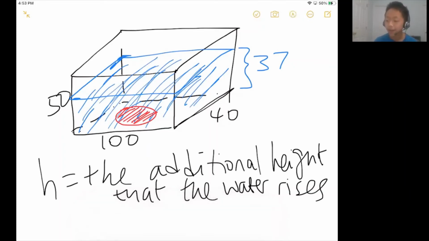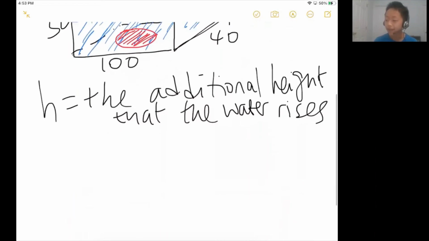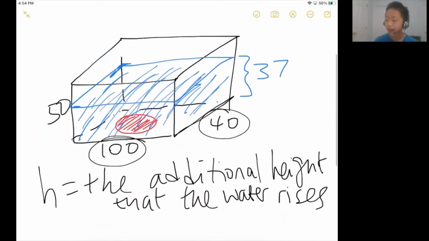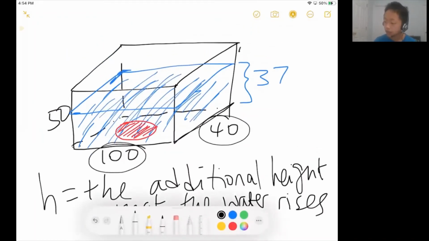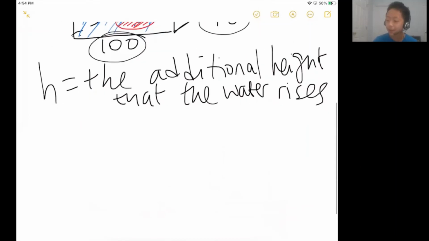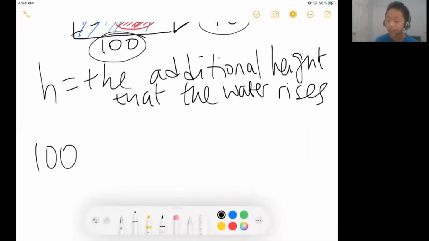We know the base here is 100 by 40. So if the water level rises by a height h, the new volume it rises up to is going to be 100 times 40 times h, right?